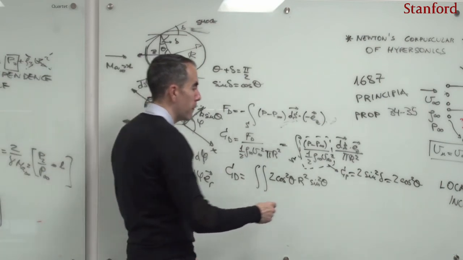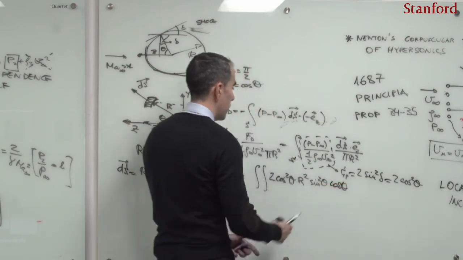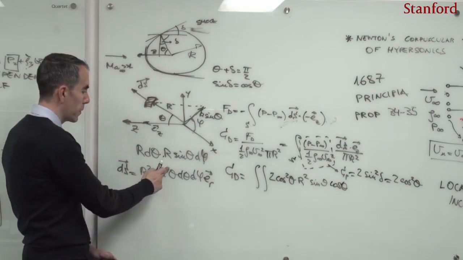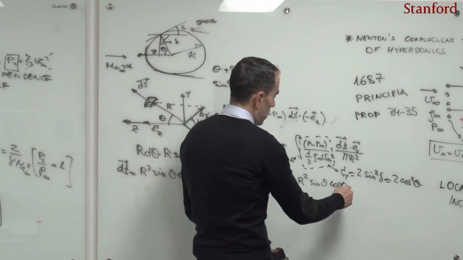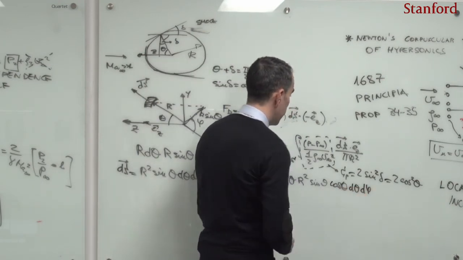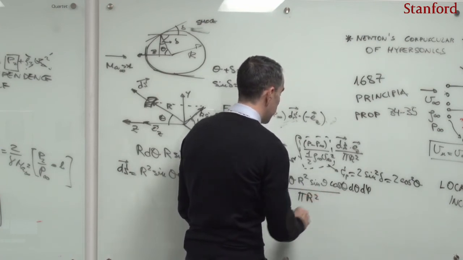So here I'm going to have another cosine of theta. Here it's just r squared sine of theta. And then we have here d theta, d phi, and everything divided by pi r squared.